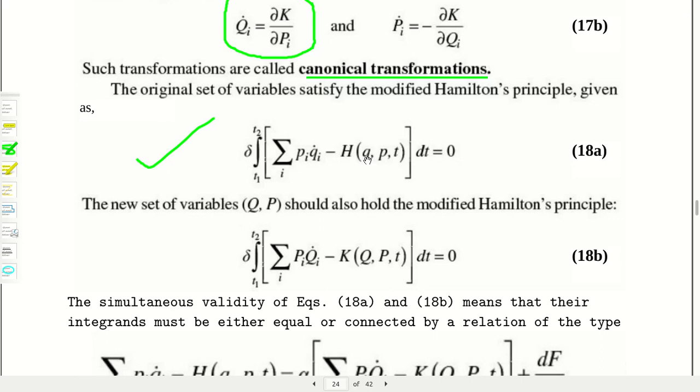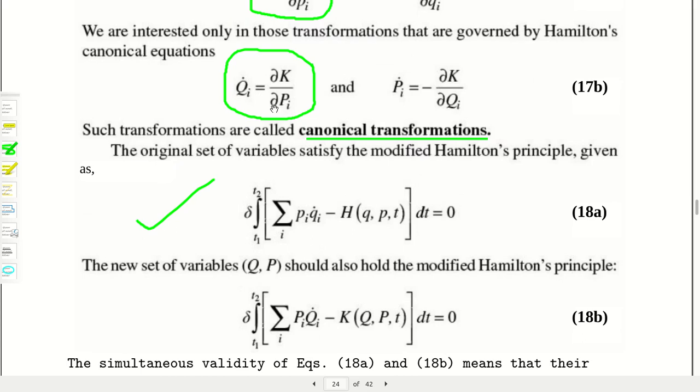As we have started, we saw this equation, and here in case of the new coordinate system, the new set of variables Q and capital P, you can write also this kind of equation.